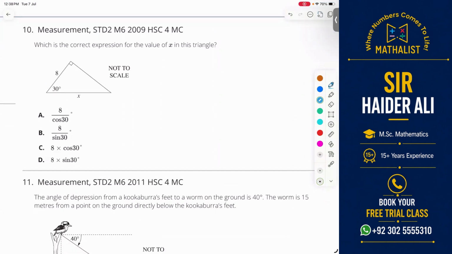Now this one. Solve it and tell me the answer. It's also a right angle triangle.